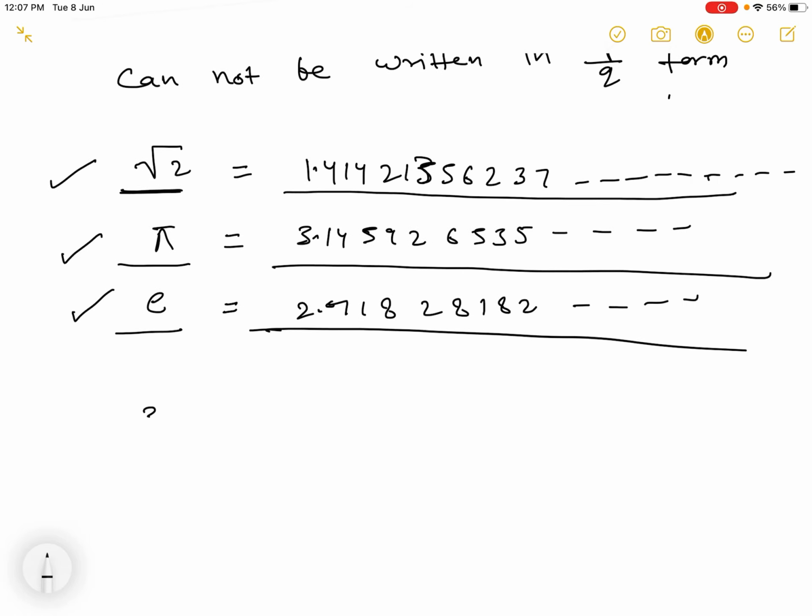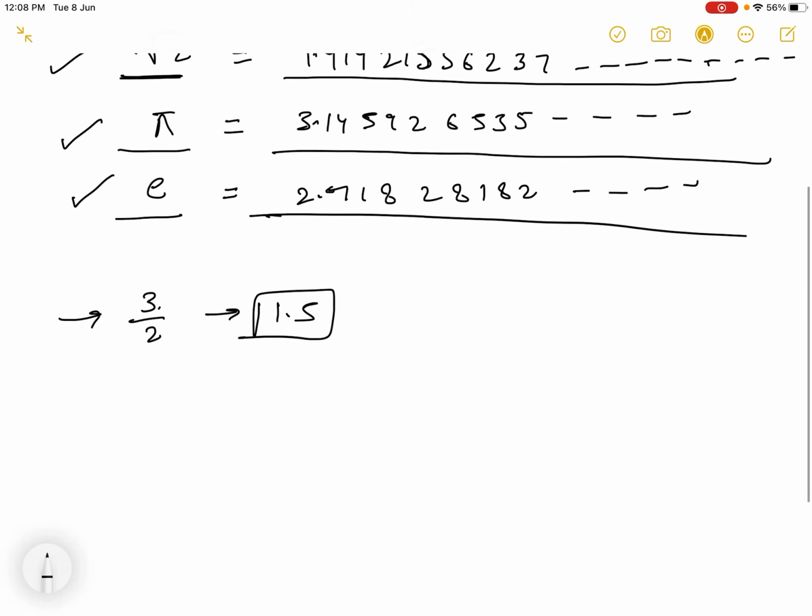Like we have 3 by 2, which is a rational number. When we divide 3 by 2, we get 1.5. This is a fixed value. It's not getting repeated or going forward.